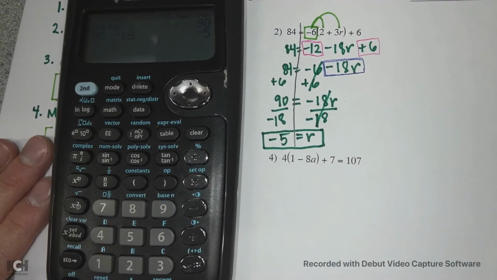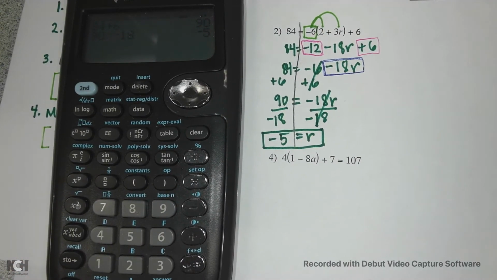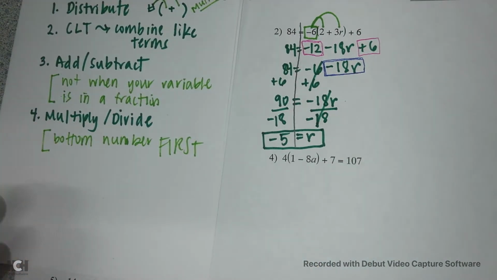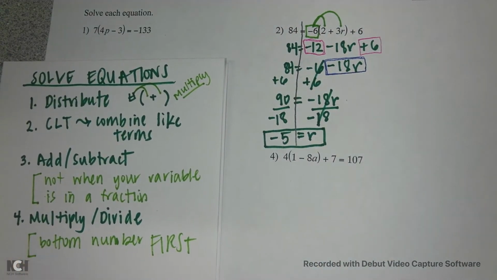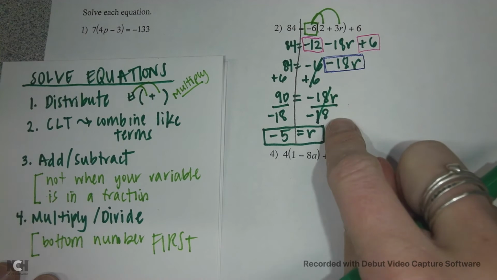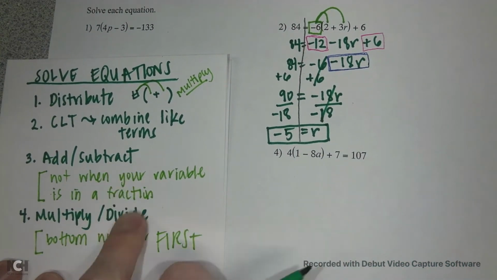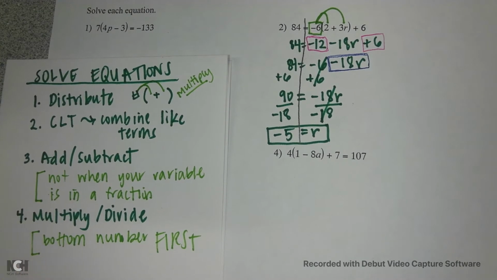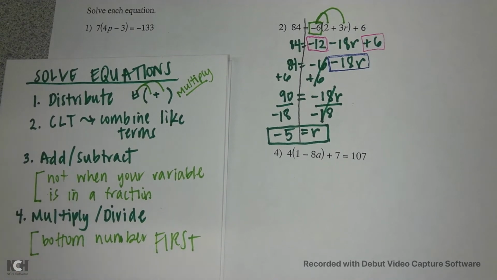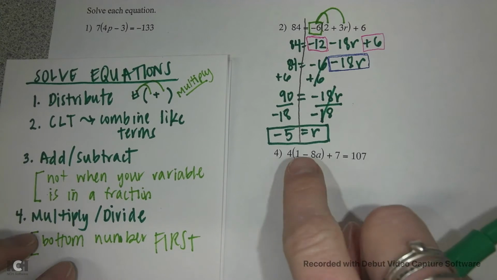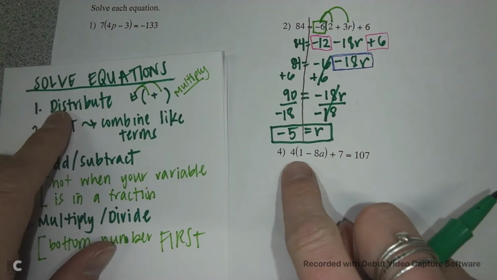Let's keep going. Number 4 is very similar to number 1. Sorry, I forgot to look at our list later. 3 and 4 are really the two-step problems, but we'll talk more about those in the next little bit on the bottom. Okay, so number 4, we're going to look, can we distribute?